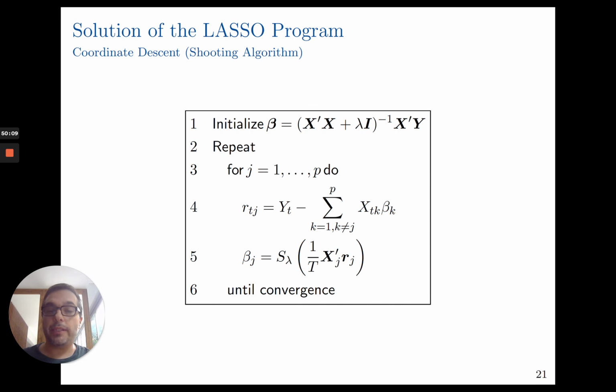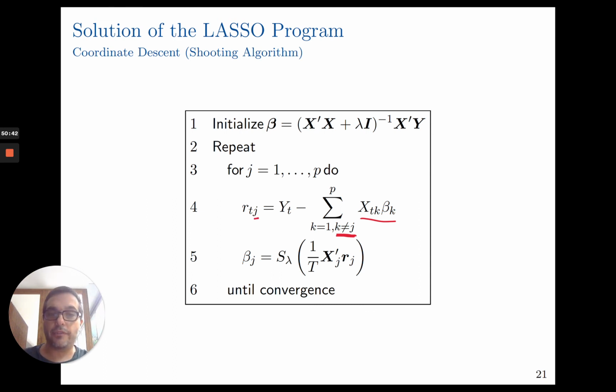Then we repeat a loop that for each coordinate, for each component of the vector, you compute the difference between your dependent variable and all the other estimated regression terms here. But bear in mind that we are not taking into account, of course, the same variable.